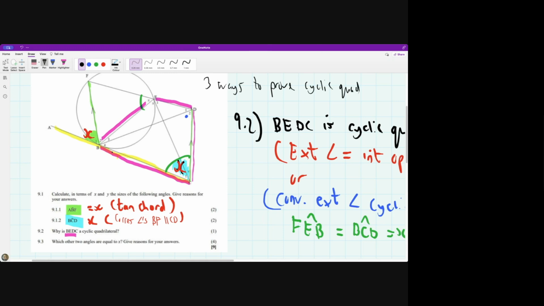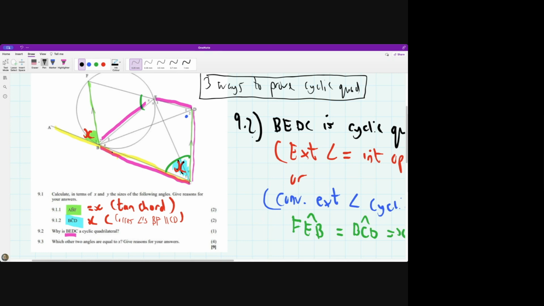And they're the converse theorems. So I can say the converse of the exterior angle of a cyclic quad, the converse of the opposite angles of a cyclic quad are supplementary, or I can say the converse of angles in the same segment. So there are only 3 ways to prove that something is a cyclic quad.